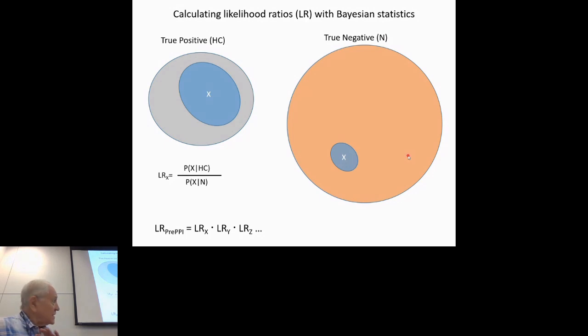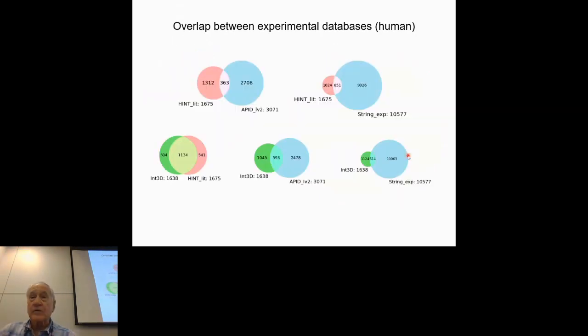An issue that comes up in this whole field is how do you evaluate your predictions? And there are many, many databases of protein-protein interactions out there. And this just takes a few of them, and there's a Venn diagram. And the main point here is to show you how poorly they overlap. It's really a problem.